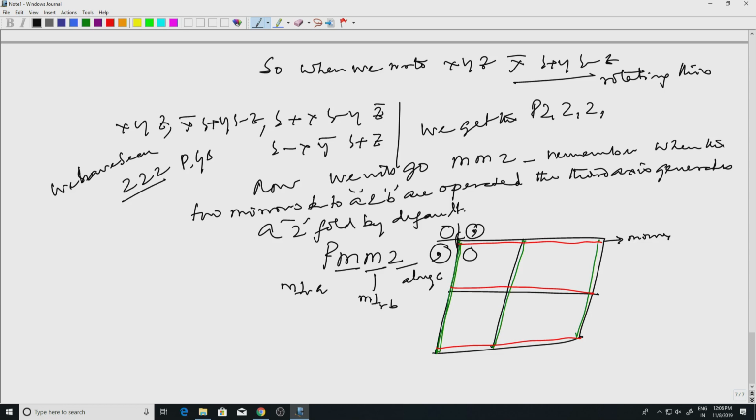Now we can see that the two-fold is generated. So 1, 2, 3, 4. 1 x, y, z, 2 x bar y z, 3 x y bar z, 4 x bar y bar z.